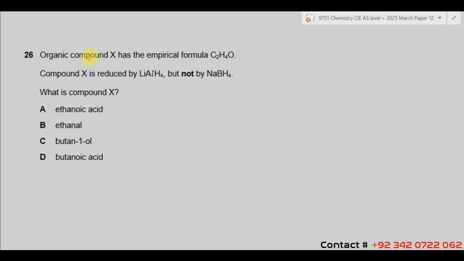Question 26. Organic compound X has the empirical formula C2H4O. Compound X is reduced by lithium aluminium hydride but not by sodium borohydride. What is compound X? We know that lithium aluminium hydride is a very powerful reducing agent.